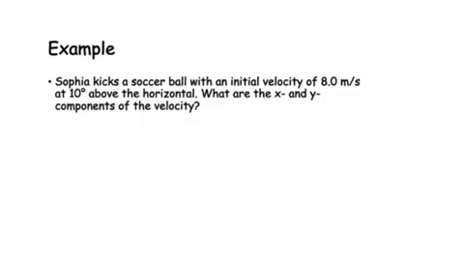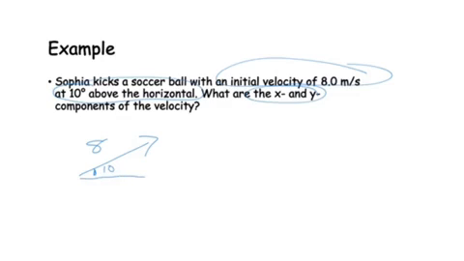Here's an example. Sophia kicks a soccer ball with an initial velocity of 8 meters per second at 10 degrees above the horizontal. What are our x and y components? Initial velocity is 8, and our angle with the horizontal is 10. If I complete it and make it a right triangle, I want to figure out my y and my x. Looking at my y, I have the opposite and the hypotenuse.